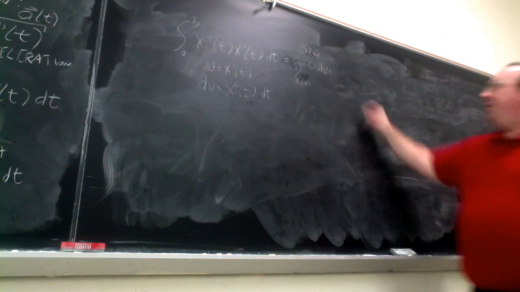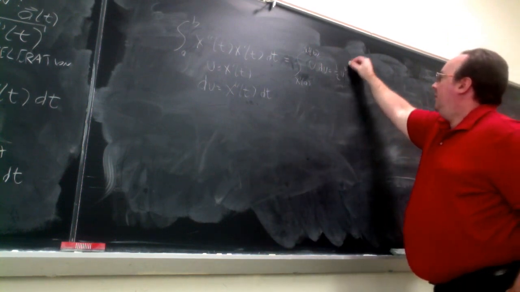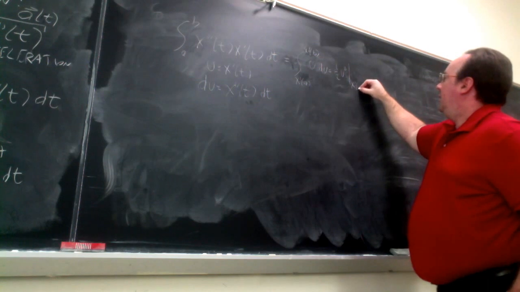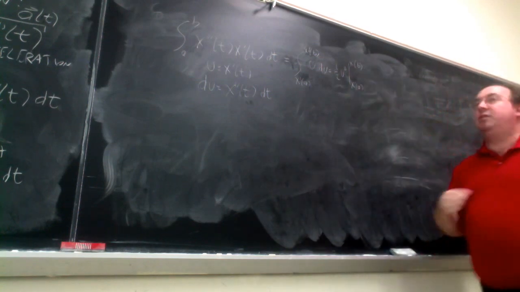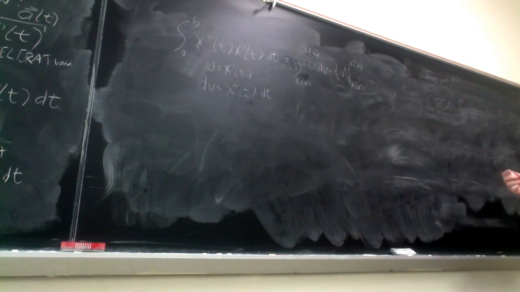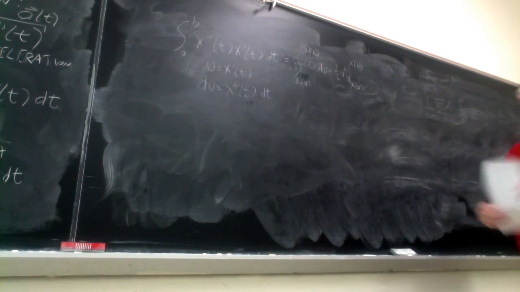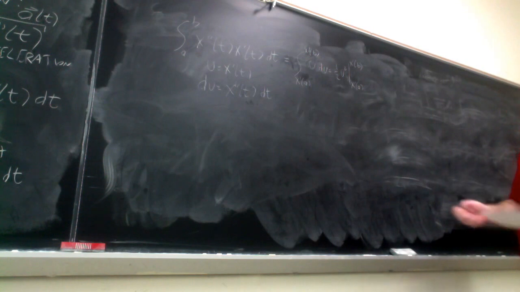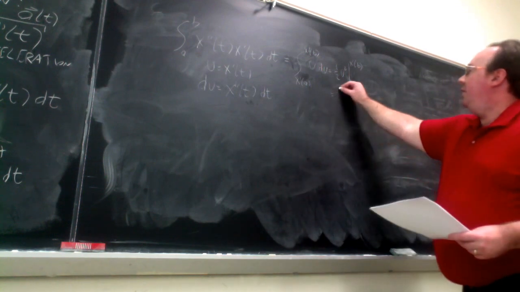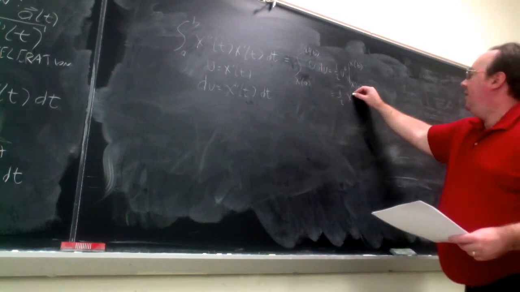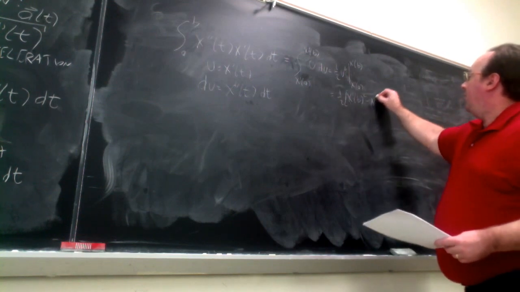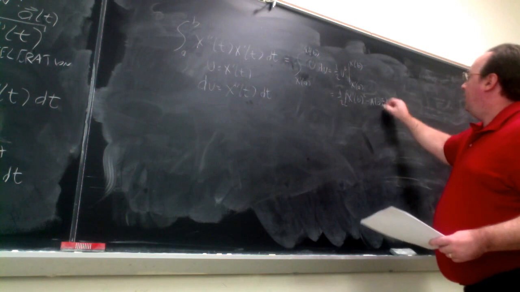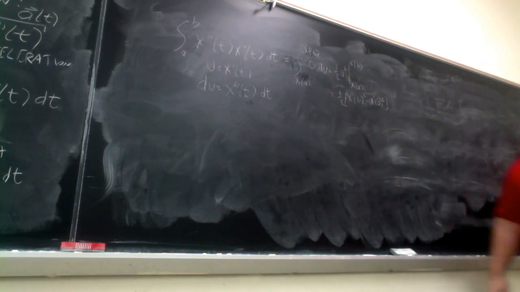So now you can go ahead and integrate that, and then plug in the limits. So you would get one half times x prime of b squared minus x prime of a squared. Any questions about that?